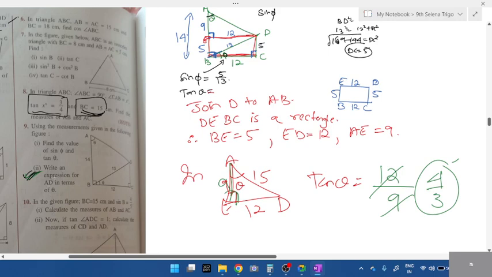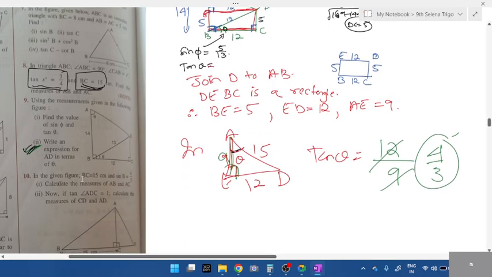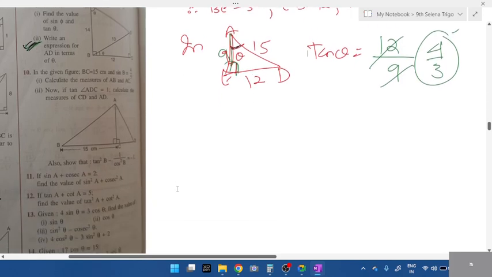Write an expression for AD in terms of theta. Okay, is it just tan theta given? Yeah, just write tan theta, students. I don't know what they asked there. AD is hypotenuse in terms of theta. Okay, just write tan theta.